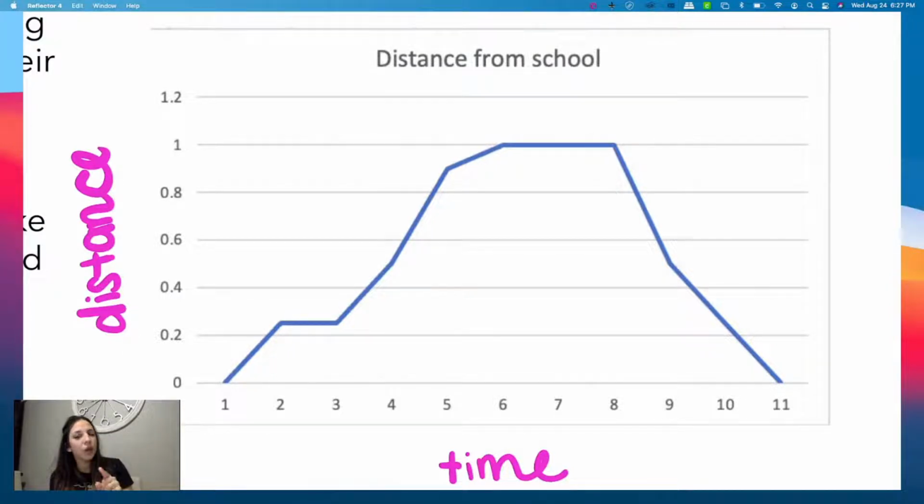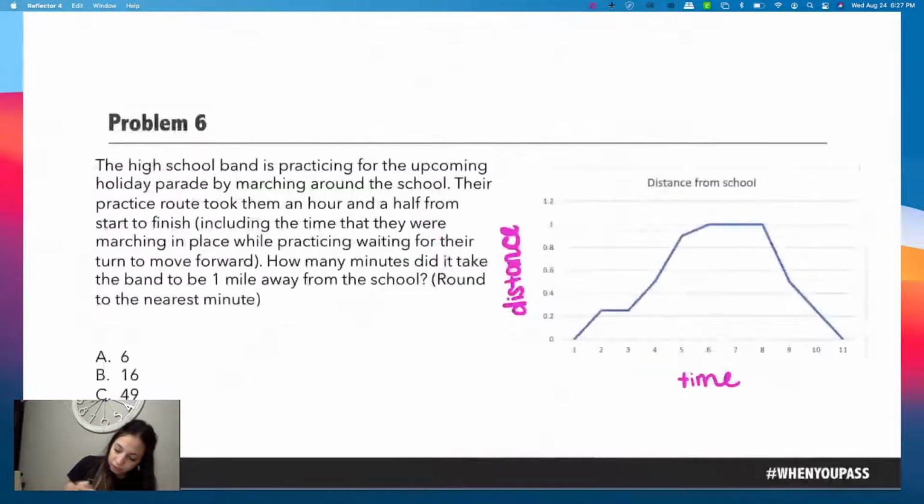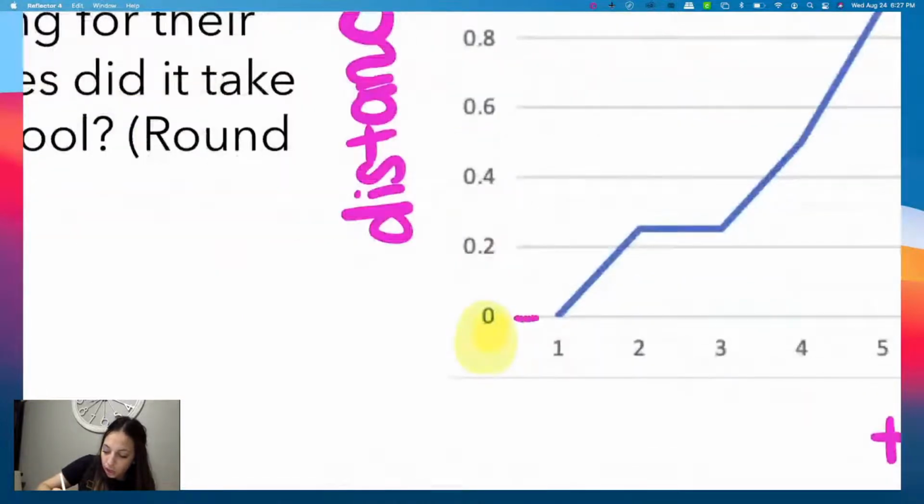And what else do we know about this? The time that they were marching. It said that their practice route took them an hour and a half from start to finish. And here's their start, and here's their finish. So what does that mean? That means that they were marching for a small amount of time in place.